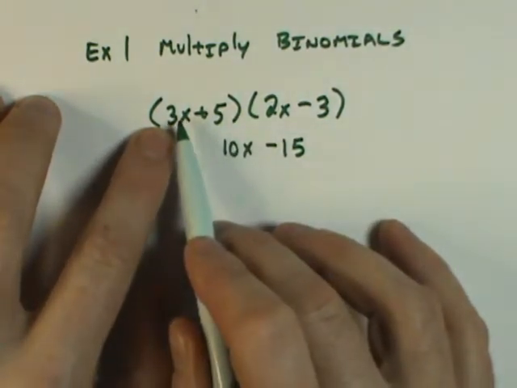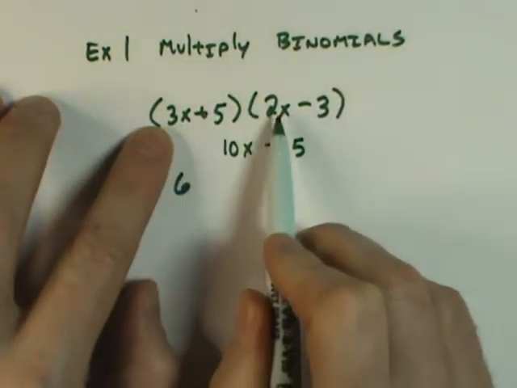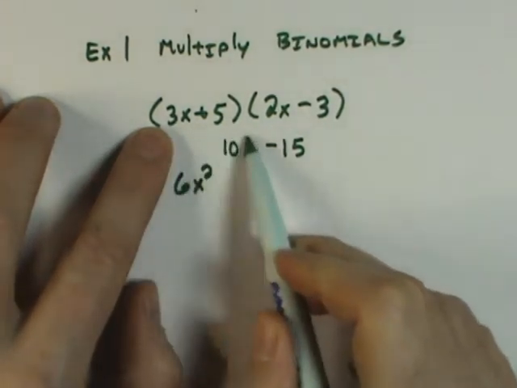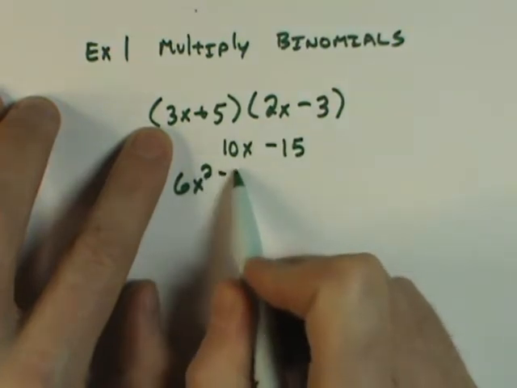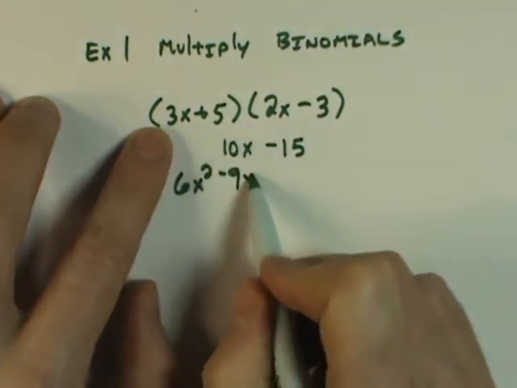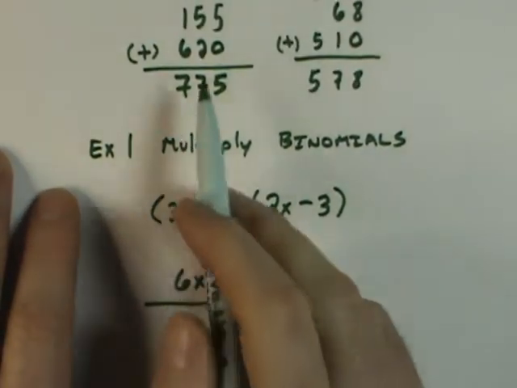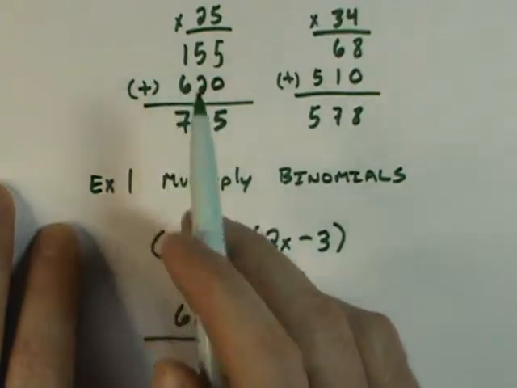So in other words, 3 times 2 would be 6, and then x times x would be an x squared. And then I move to the next part of my distribution. 3 times negative 3 is negative 9, and x comes along for the ride. Put my line, and just like up here, once you had your second distribution, you had to add the two results up.